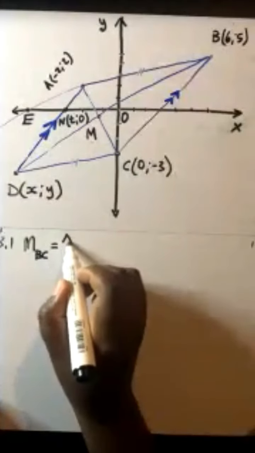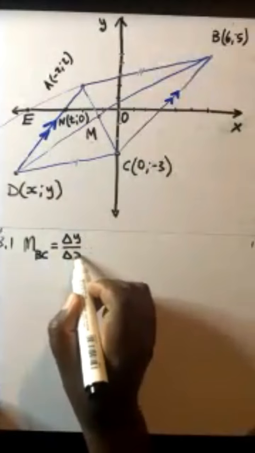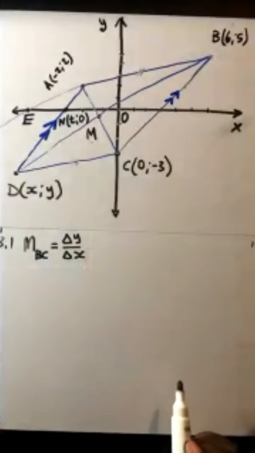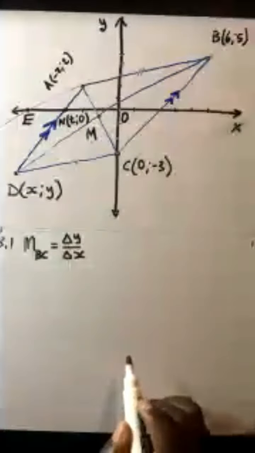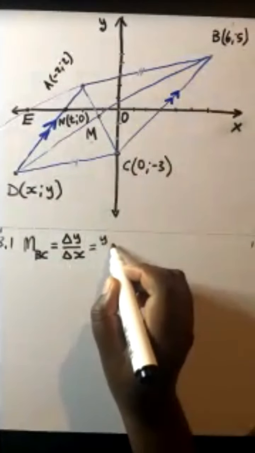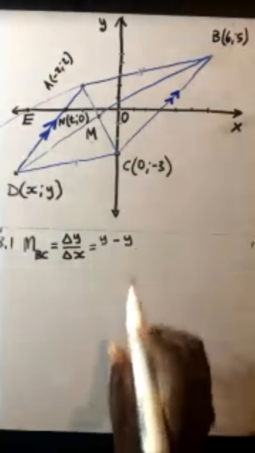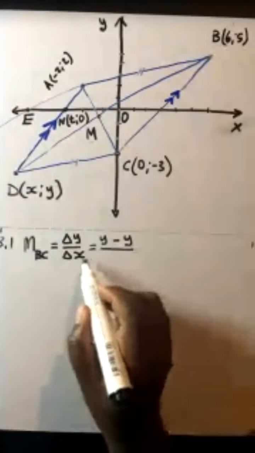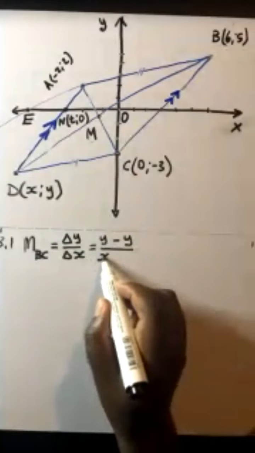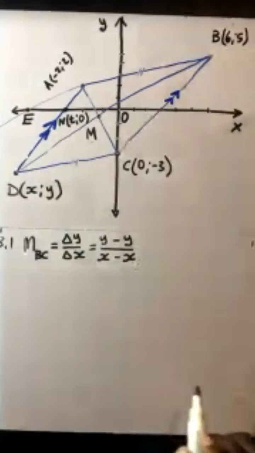Gradient of BC. We know gradient is equal to change in y over change in x. Okay, what does change mean? It means y2 minus y1, ladies and gentlemen, all over x2 minus x1.